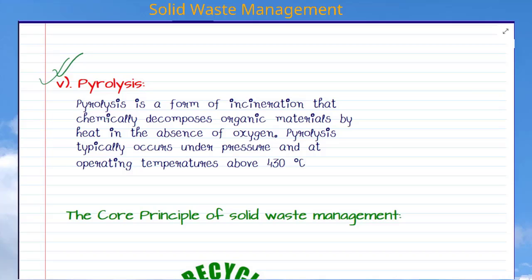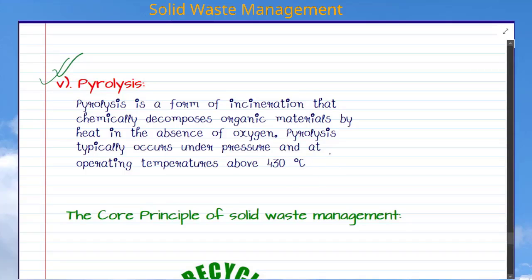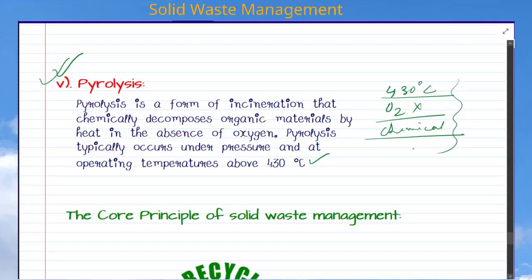So pyrolysis typically occurs under pressure and at operating temperature above 430 degrees centigrade. So at 430 degrees centigrade generally, in the absence of oxygen, and some chemicals may be used for decomposition. This type of process is called pyrolysis.